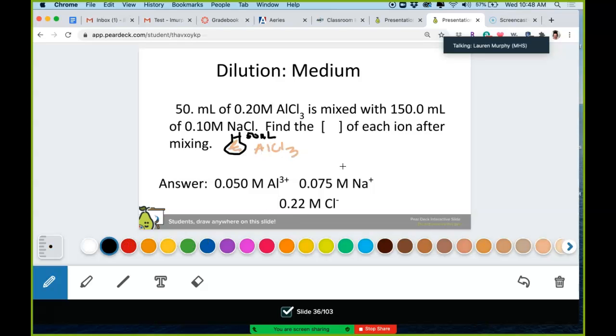And then I have another container that has 150 milliliters of sodium chloride. Okay, they're going to take these two and combine them. So this is going to get dumped in here, and this is going to get dumped in here to make a total solution that has what final volume?